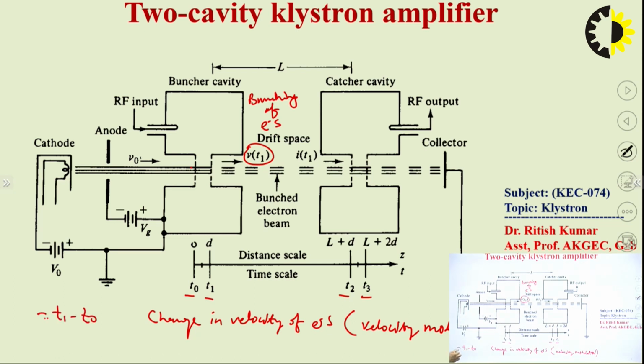The transit time for the catcher cavity is T3 minus T2, and the gap of both the devices is d. So this is the construction of the two cavity klystron amplifier.